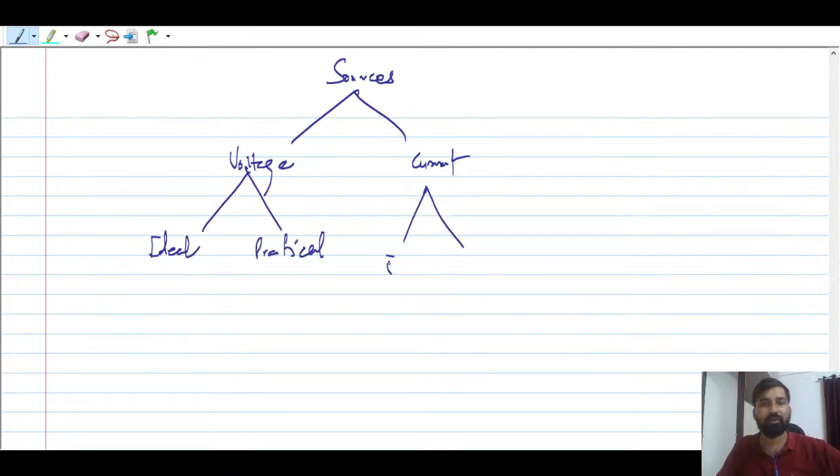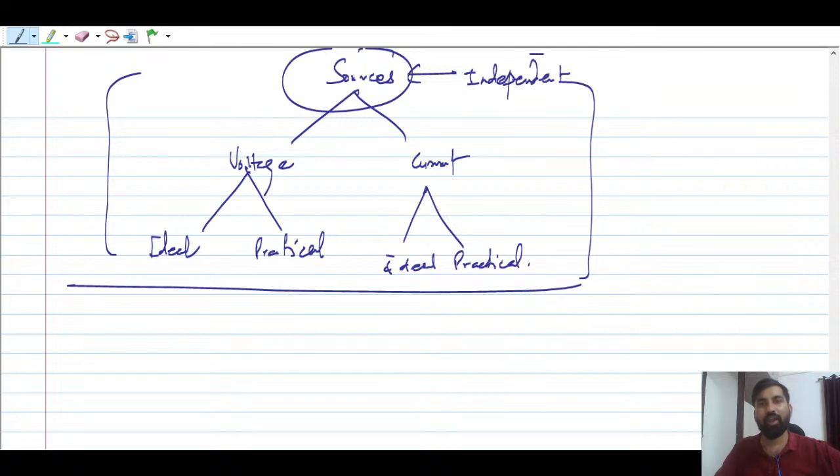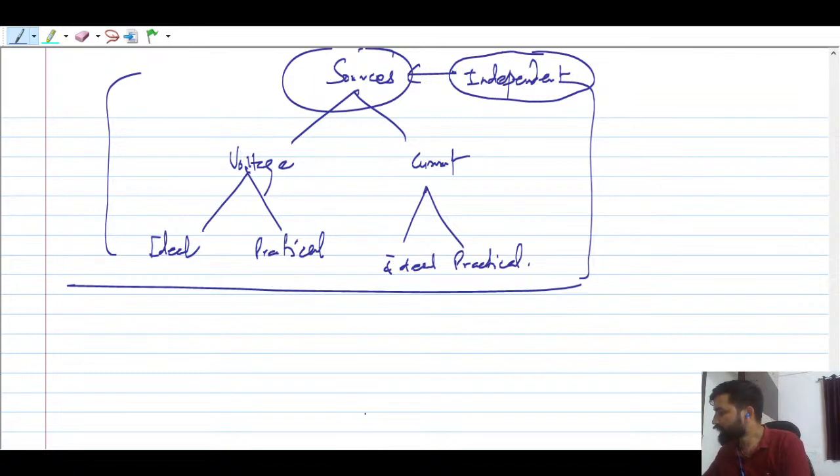They are ideal and practical. Ideal and practical. Why we call it ideal, why we call it practical, that you have to understand. So these sources are nothing but independent sources. Why we call it independent, you will know now. Just in a moment you will come to know why we call it independent, right? So yes, what is this independent business that you have to remember?